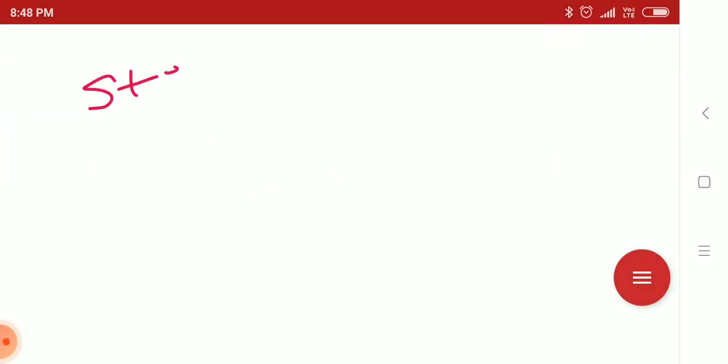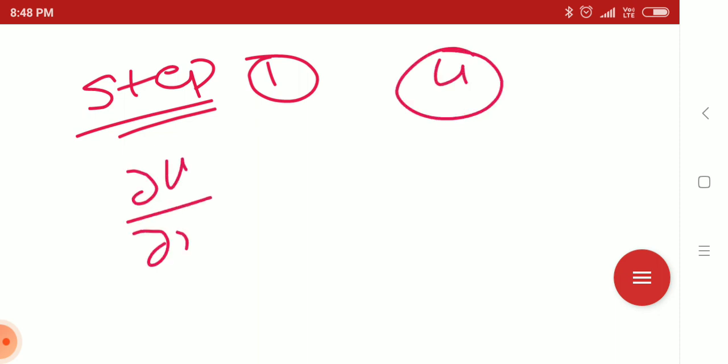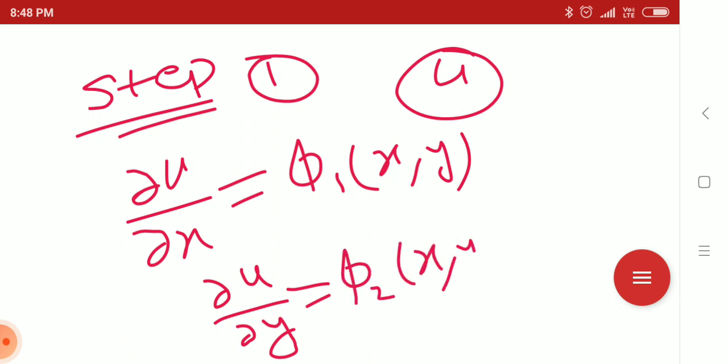Step 1 of the Milne Thomson method. You have been given u. You have to write del u by del x equals, suppose, phi 1 function of x comma y, and del u by del y equals phi 2 function of x comma y.